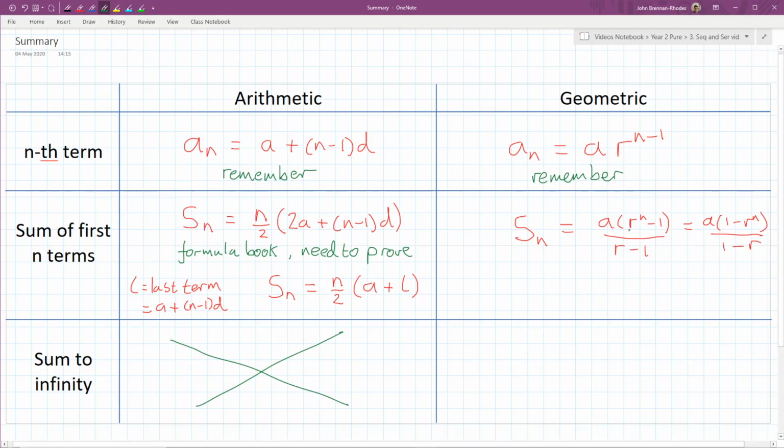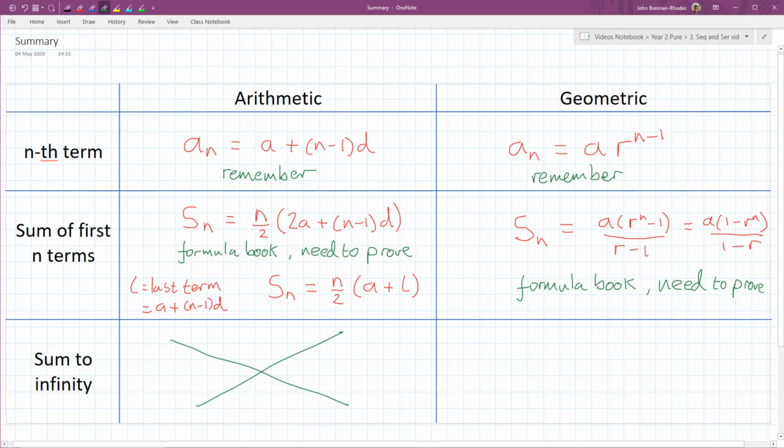So these are exactly the same, and you can use either whenever you like. But it's easier to use this when r is greater than 1 and this one when r is less than 1. This is in the formula book. But just like for the arithmetic, you need to prove that.